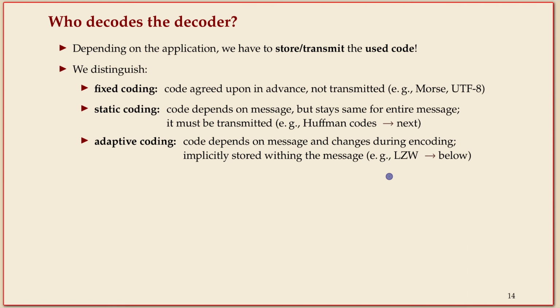Okay, in general there's the question: how can decoding know what code to use? And that is a real problem if you think about text files and character encodings. You may have seen websites where certain characters just render as some gibberish.